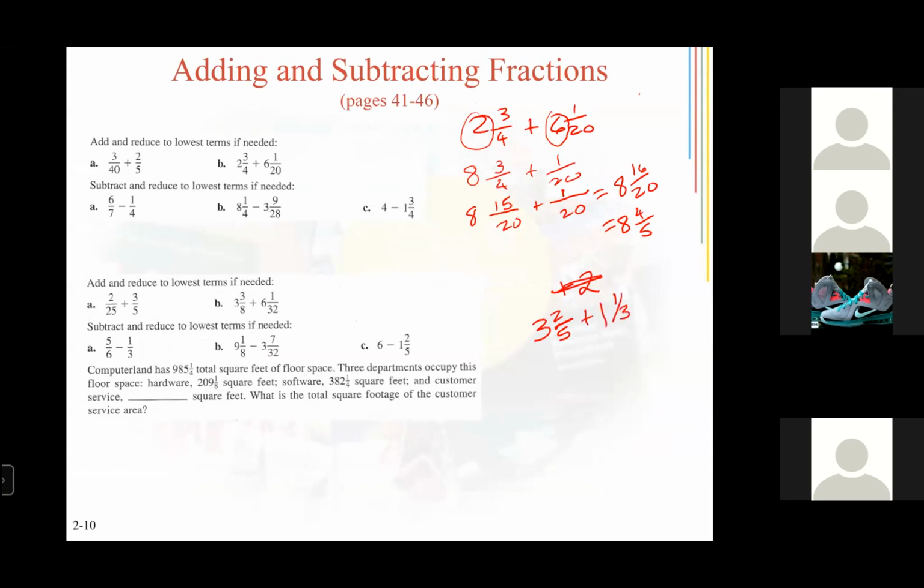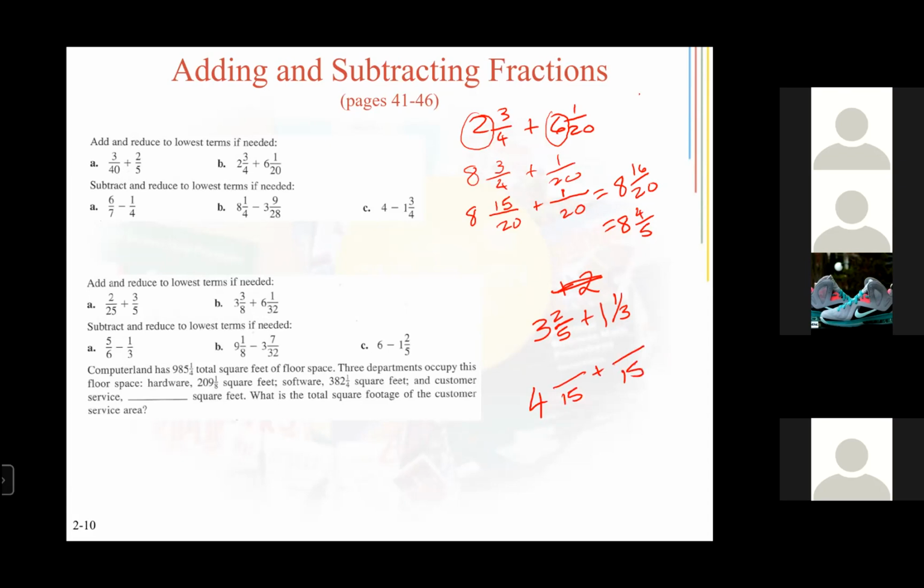Okay, so what's your common denominator for that one? 15. Okay, so when you add the whole numbers, you get 4. And you're going to use 15 plus 15.